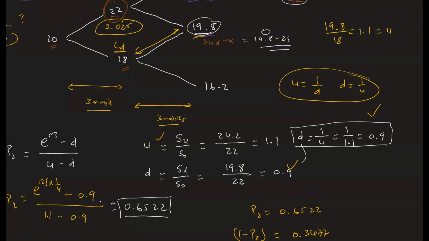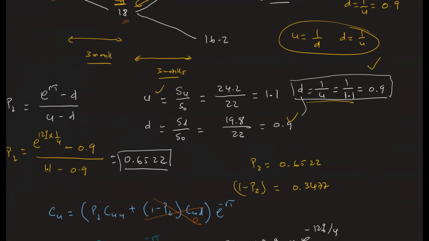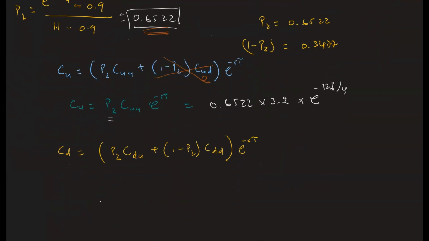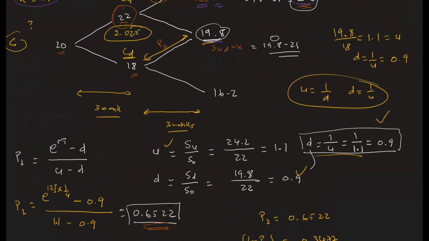That's equal to U. And we know that D is equal to 1 over U, so that's also going to be equal to 0.9. So that means that P2 here is exactly equal to what we had earlier, which is 0.6522.